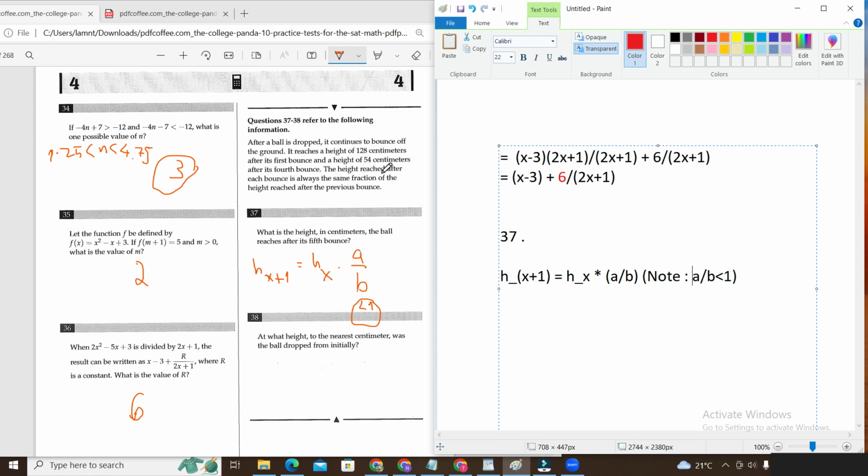So here we can say that first we have h1, then h2 is just equal to h1 times a over b. Now h3 is just equal to h2 times a over b.